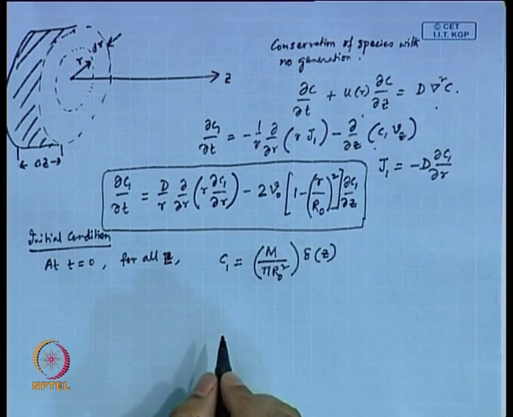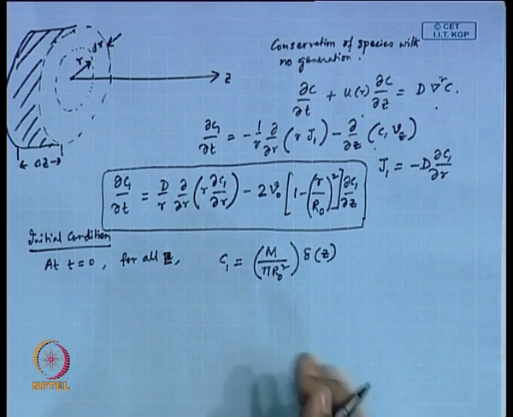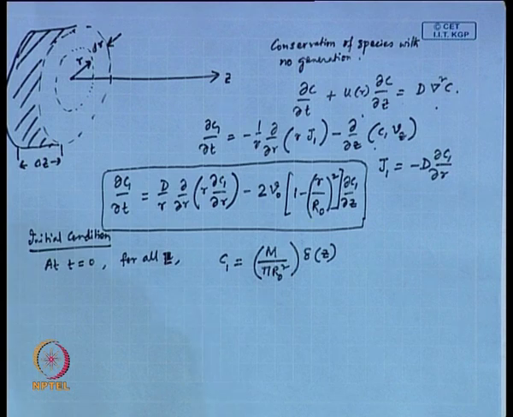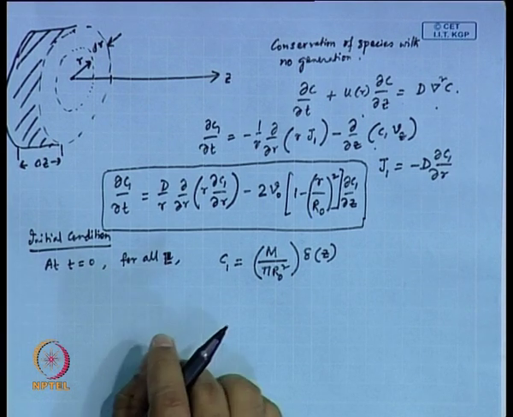At time t equal to 0, C 1 is equal to this. This is acceptable. At time t equal to 0, you are only introducing a Dirac function type pulse at the inlet.